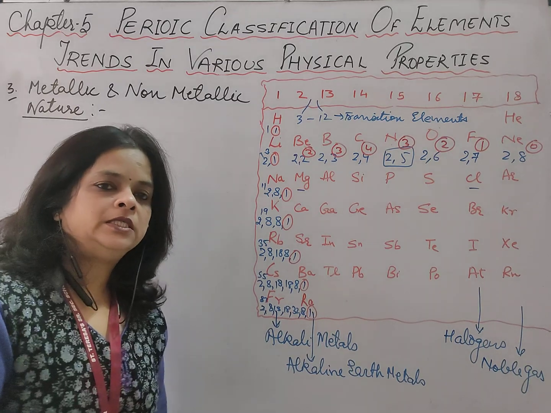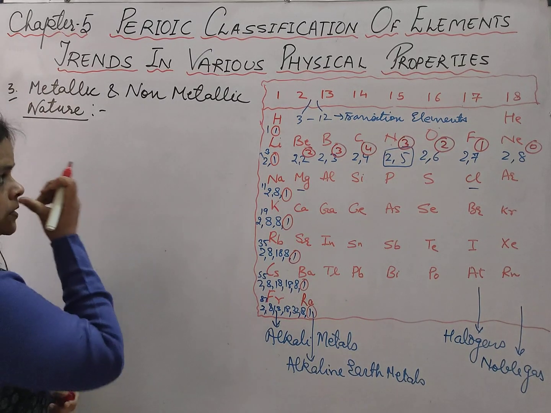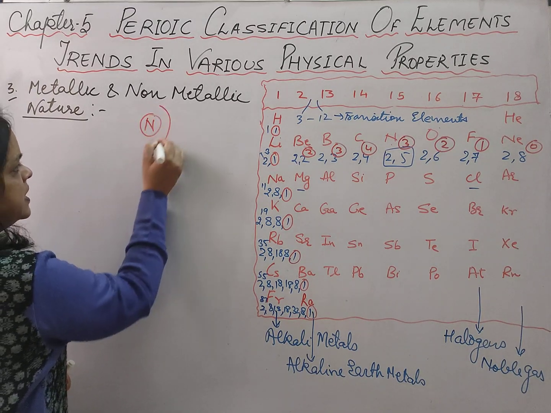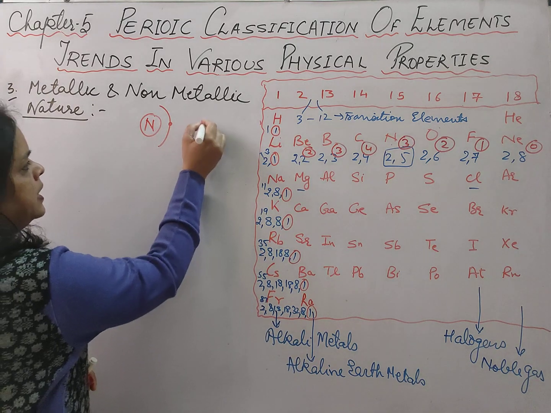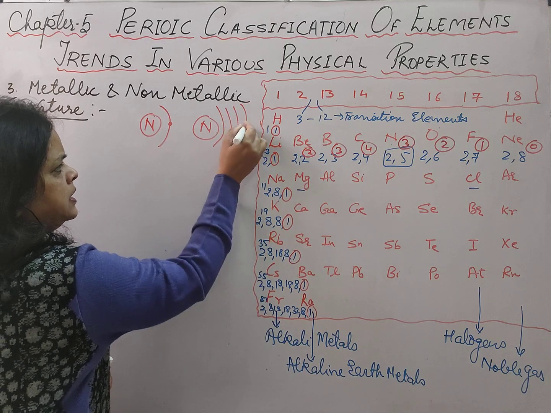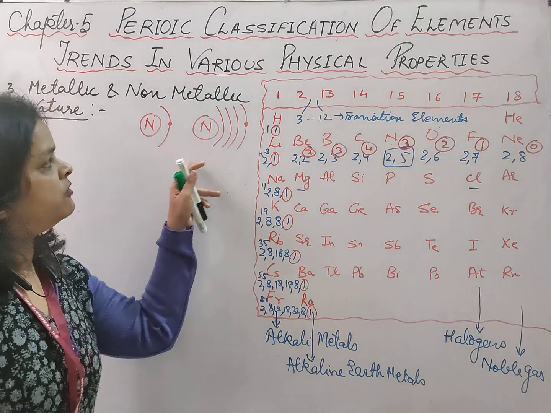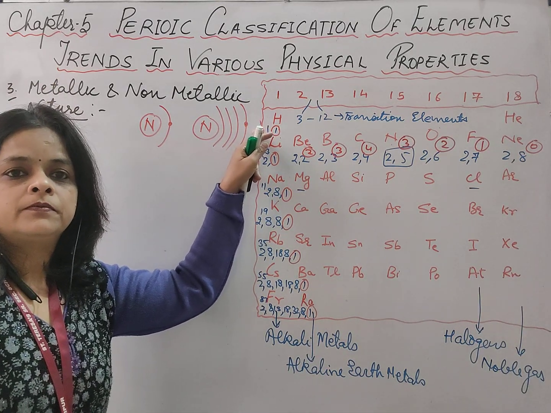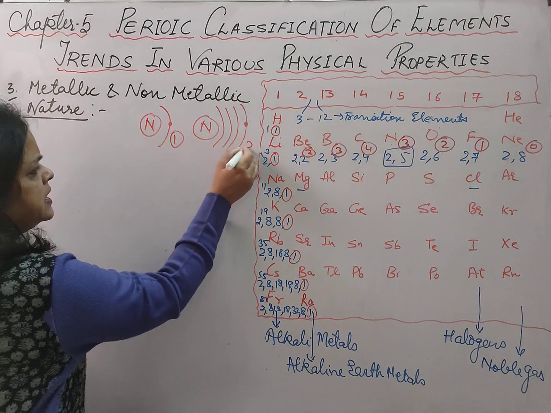Now metallic nature, that is the tendency to lose electrons. Now tell me once, students, if a nucleus is there and in the first case the electron is very close to the nucleus, and in another case there are shells in between and the electron is far away from the nucleus, in which case can the electron be easily given? This is the first case and this is the second case.